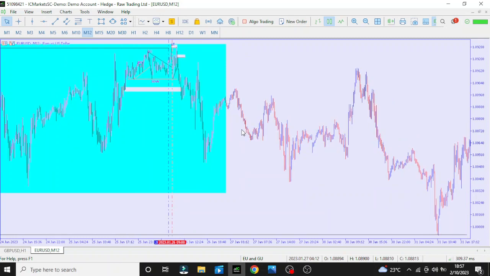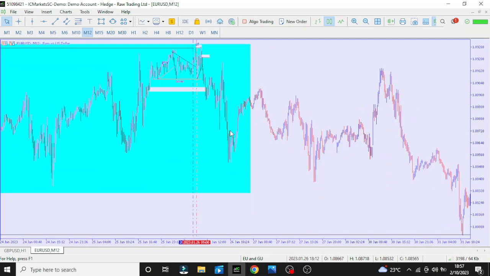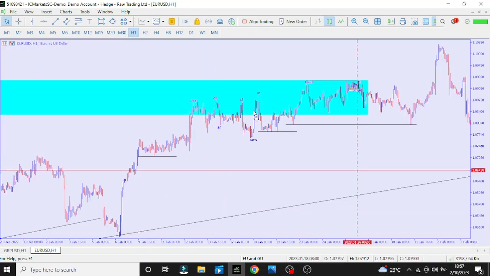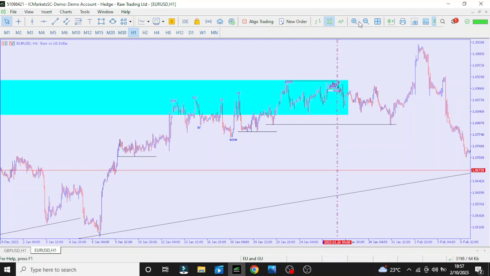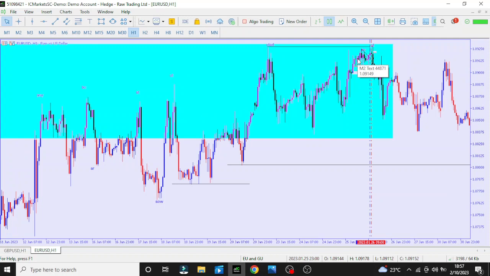You see, guys, the trade was derived from high time frame. It was derived from this hourly distribution, and the sweep of this high and this distribution.